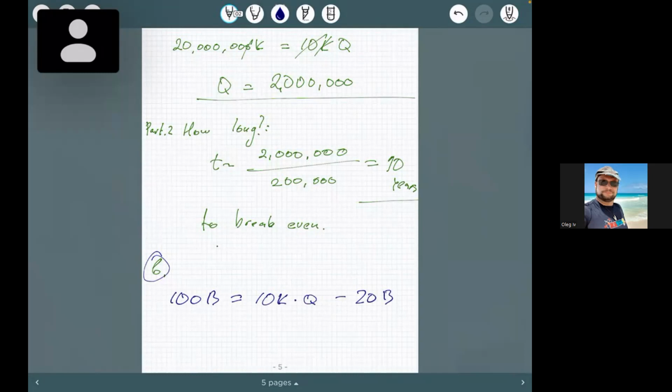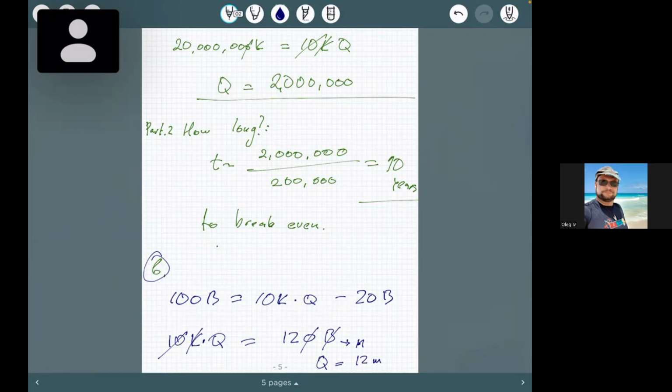Here you have 10 KQ equal to 120 billion dollars. And yeah, you can actually make it easy. So this 10 is gone, and then K makes B into millions. So the answer is Q equal to 12 million.